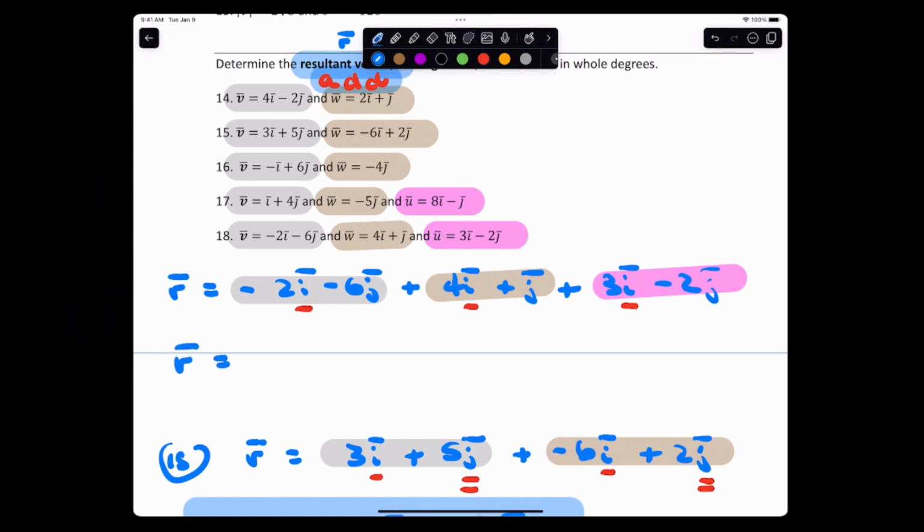Okay, so you get negative 2i plus 4i plus 3i. Negative 2i plus 4i is 2i plus another 3i. Doesn't that give you 5i? Good.